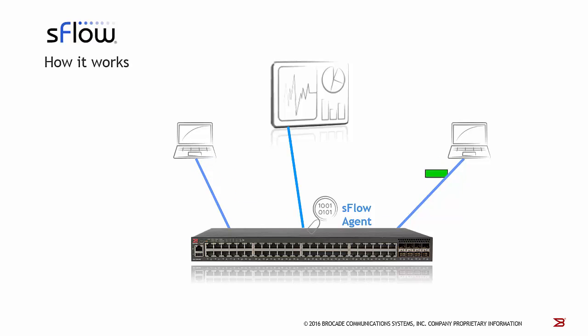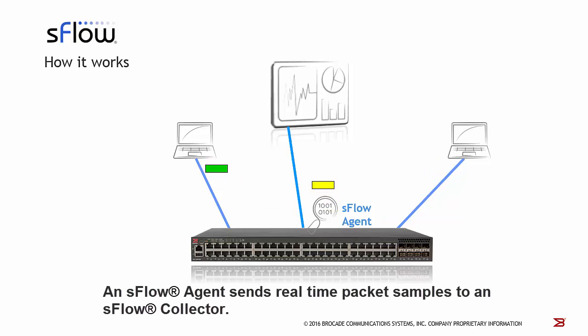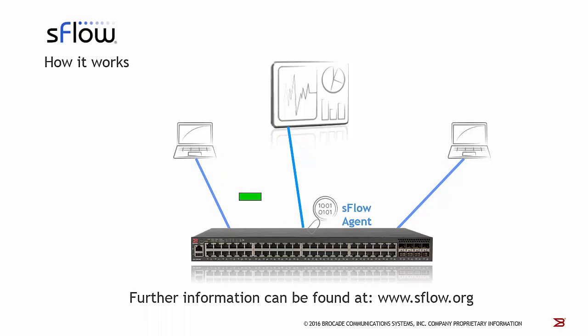As soon as the sFlow agent is active, it starts sending sFlow packets to the analyzing software. The amount of packets can be configured and is depending on the so-called sampling rate. Further information can be found at www.sflow.org.